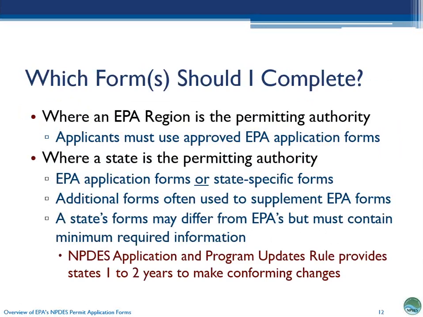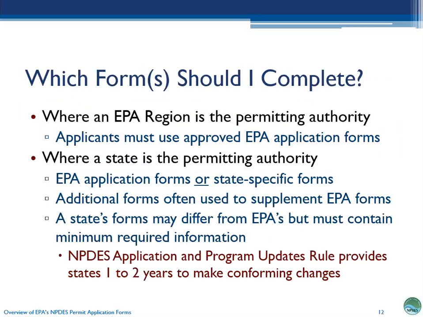If the discharge is located in a jurisdiction in which a state, territory, or tribe is the permitting authority, they may require use of EPA's application forms, or they may have developed their own state-specific application forms. States may also require submission of additional forms that supplement the EPA forms.